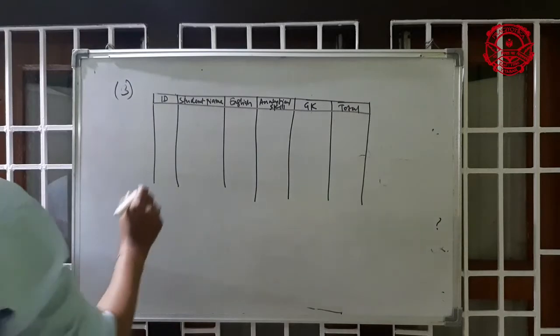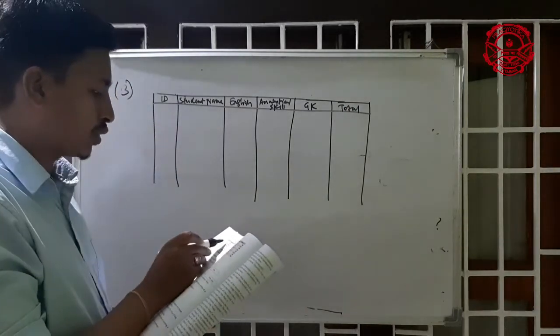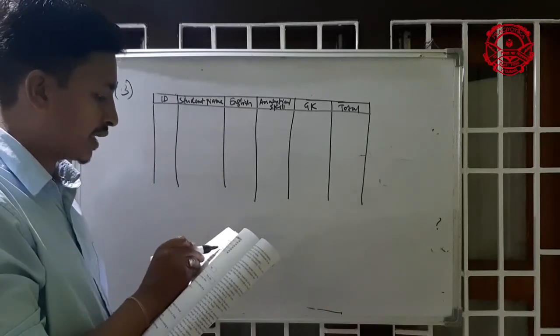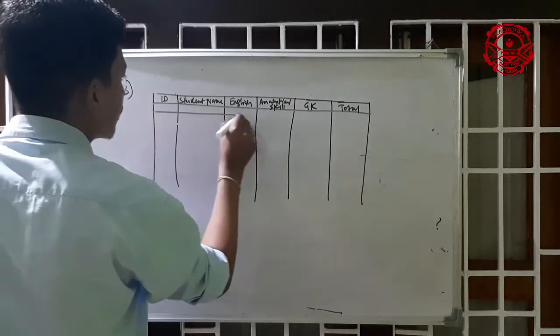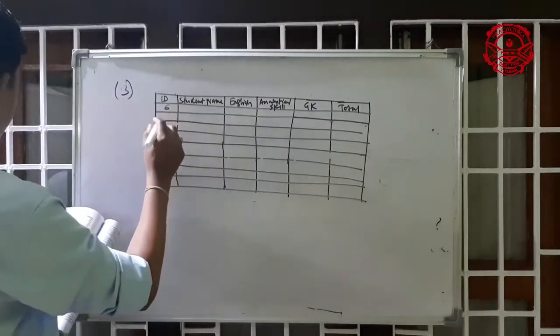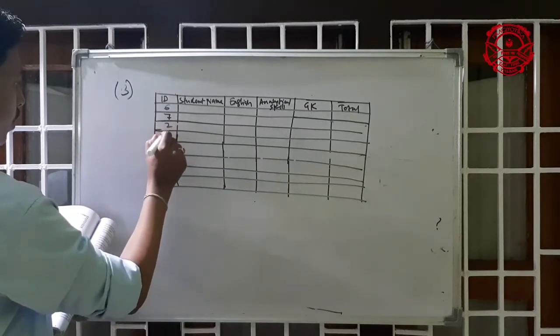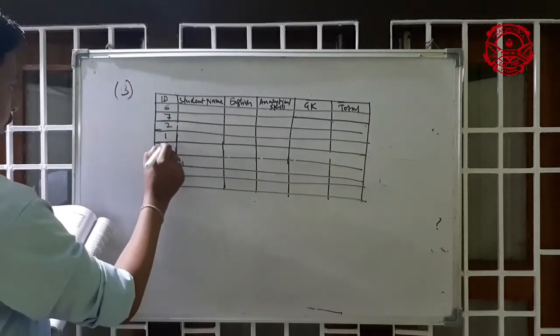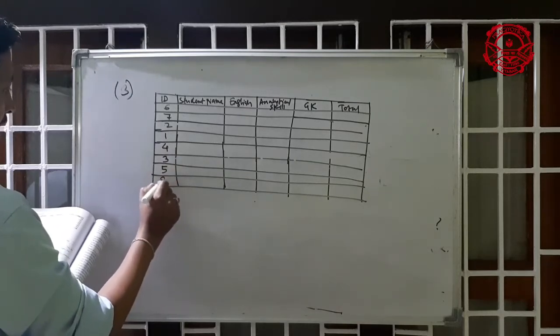Now you can see in the ID rows 1, 2, 3, 4, 5, 6, 7, 8, meaning 8 records. First IDs are 6, 7, 2, 1, 4, 3, 5, 8.